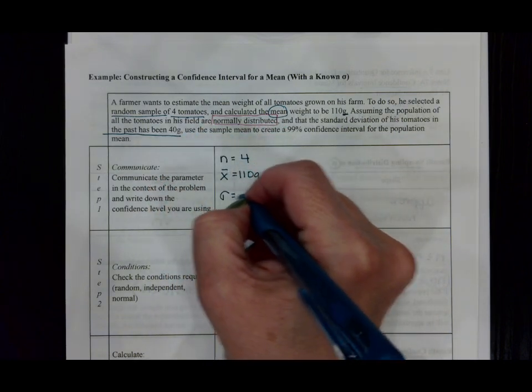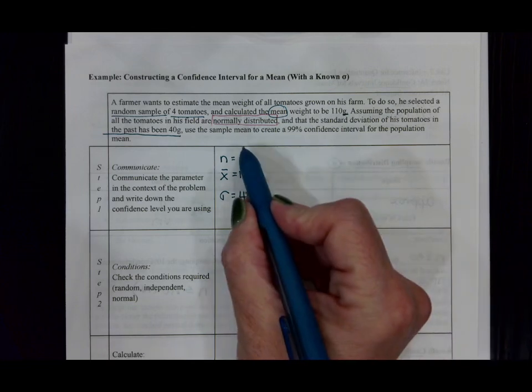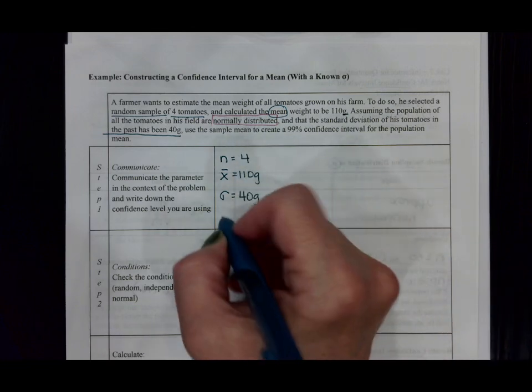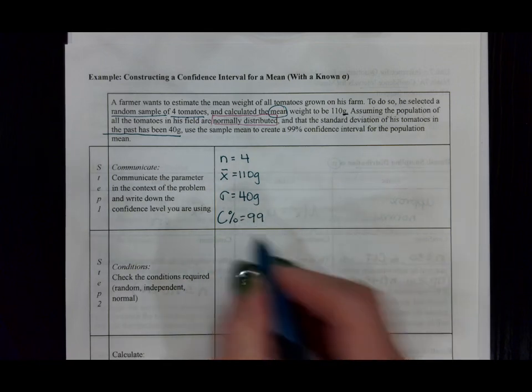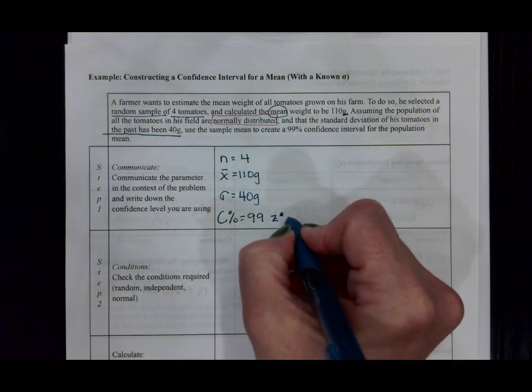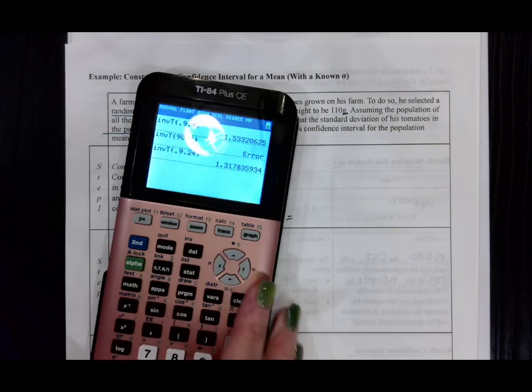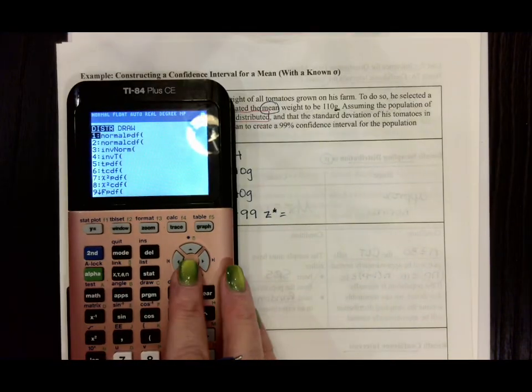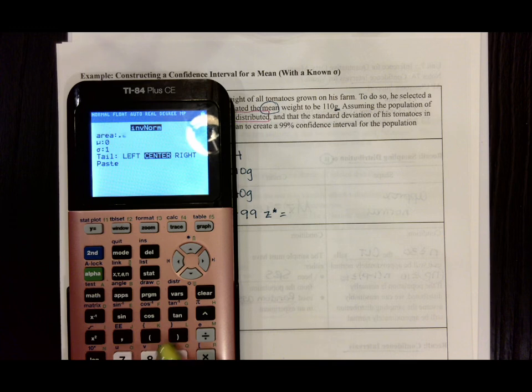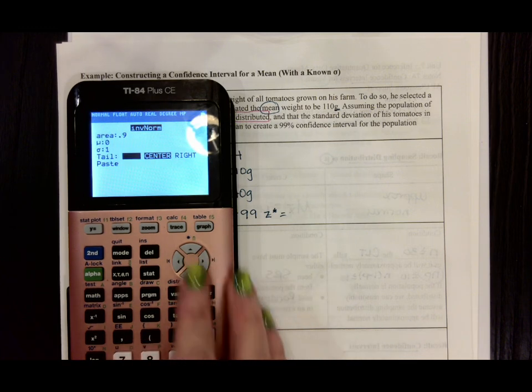So my standard deviation here is going to be 40 grams. Use the sample mean to create a 99% confidence interval. Okay, now I know that I can go in right now and just calculate my z star. So let's do this. If I have inverse norm and I want to know 90%, sorry, 99%.